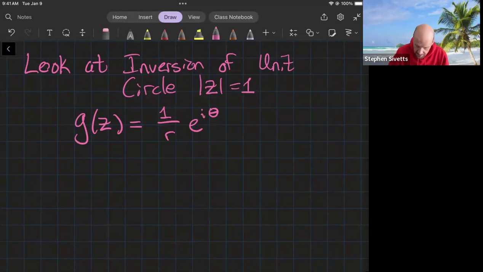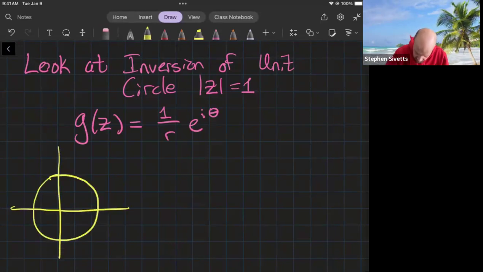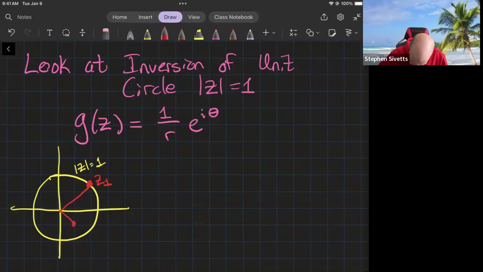And what happens is if I take points on the z plane, and if I take a point on that circle, let's say z1, and if I take another point, z2, inside the unit circle, and if I pick another point, z3, that's outside, let's say it's over here.